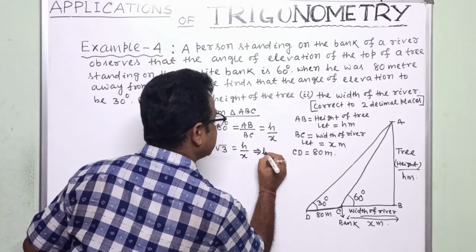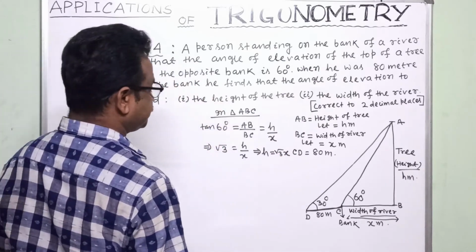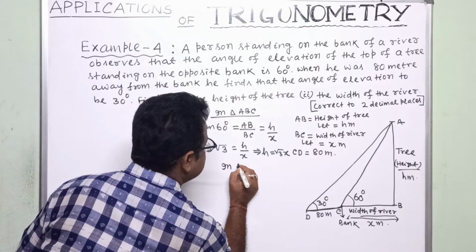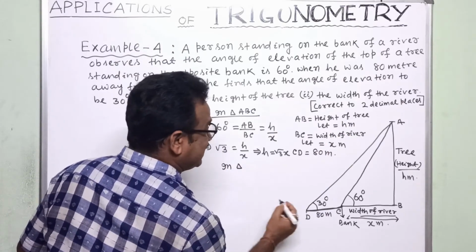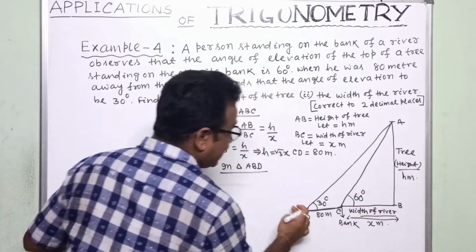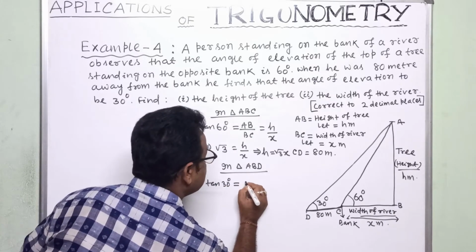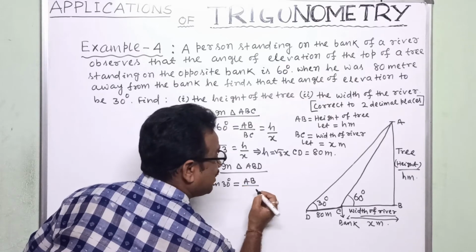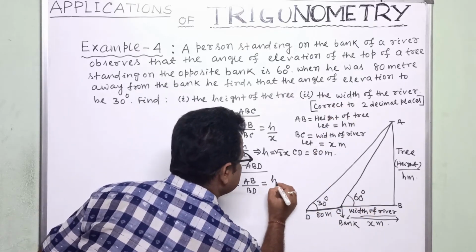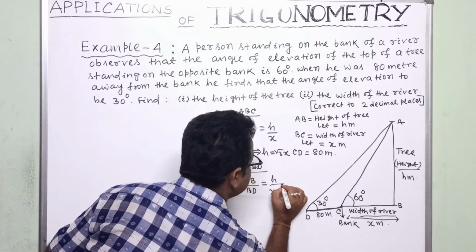That implies h is equal to root 3 x. Now in triangle ABD, tan 30 degree is equal to AB by BD. AB is how much? h. BD is equal to x plus 80.